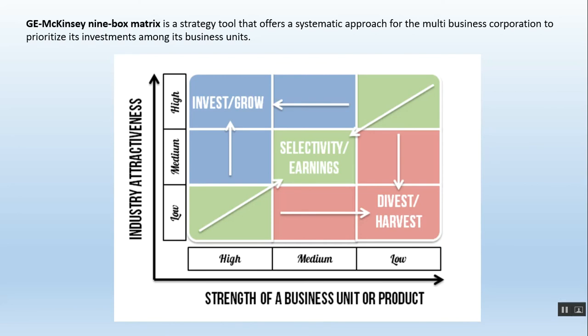Units that score high on both of those would be the ones that you would invest the most in. The ones that score lowest would be the ones that you would be less likely to invest in. These two models are very similar. I would say the McKinsey one comes across as being a little more sophisticated because it spreads it out a little more, but they roughly do very similar things.